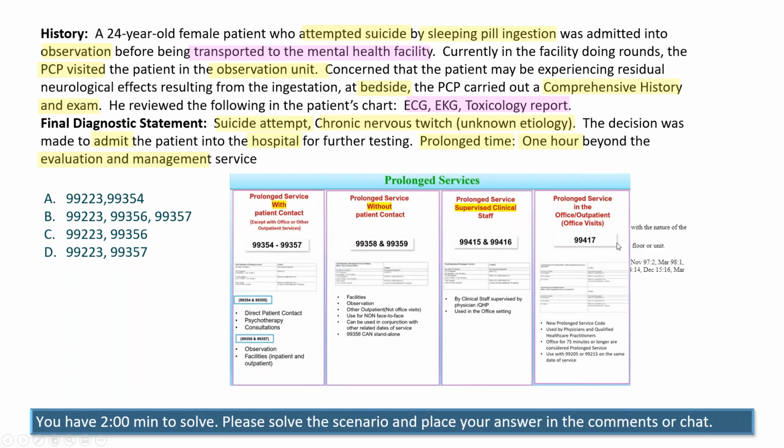And of the four, which is the code series that we're going to code? Prolonged service with patient contact, without the clinical team, or prolonged service in the office? Since I say it like that, it makes it easy, right?